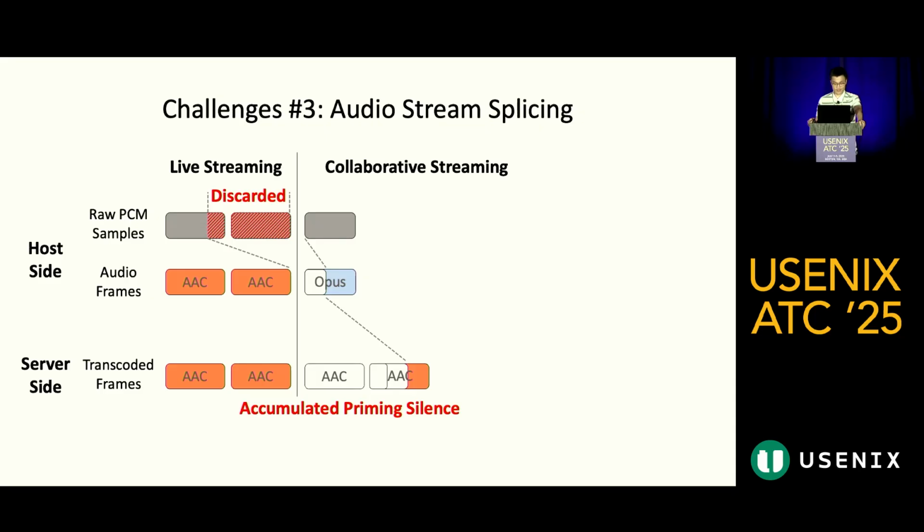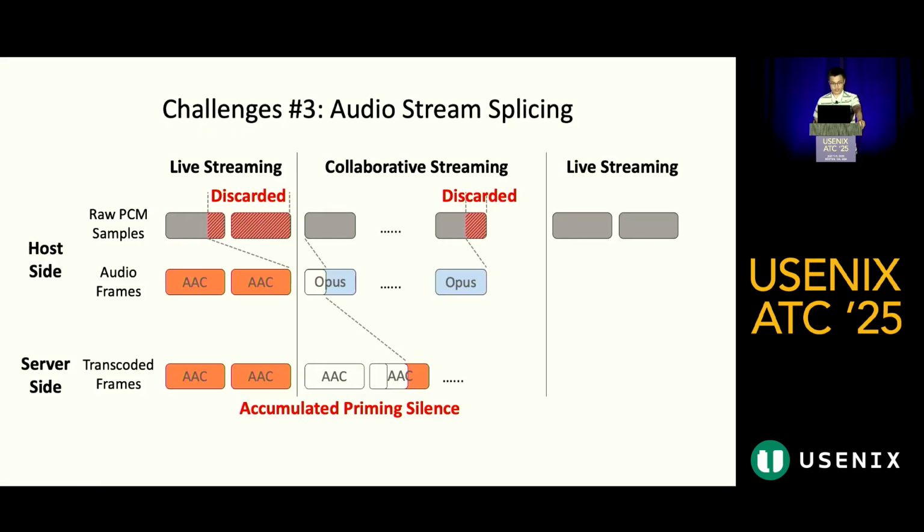In that process, there will be double priming induced by both codecs when entering collaborative streaming. The switching of audio codecs also causes discarded tail samples at the end of both streaming modes. Meanwhile, due to the difference in frame sizes, the Opus audio samples from the channel host probably cannot align perfectly with the transcoded AAC frames.